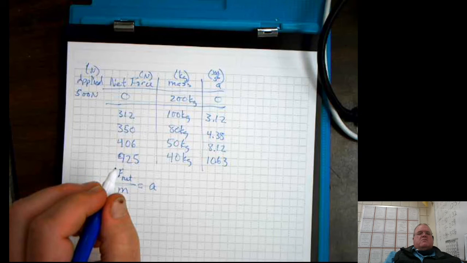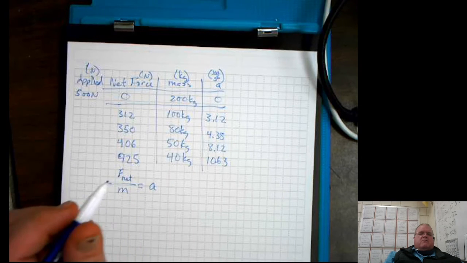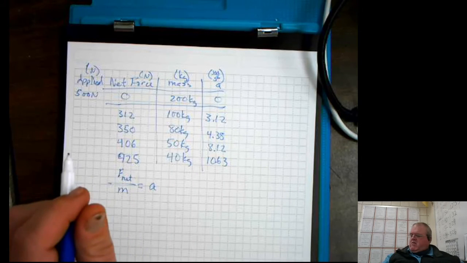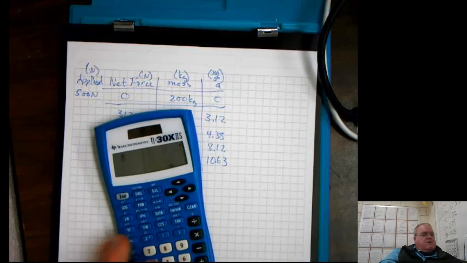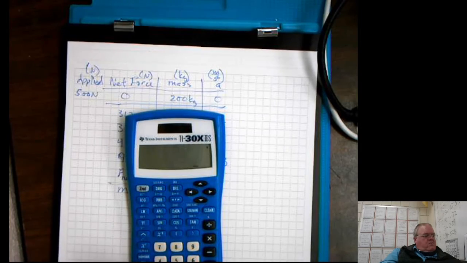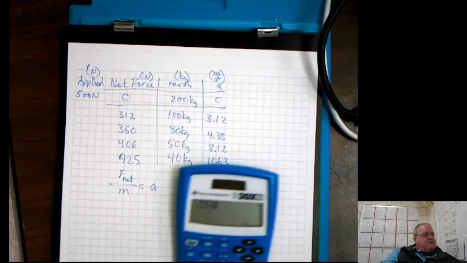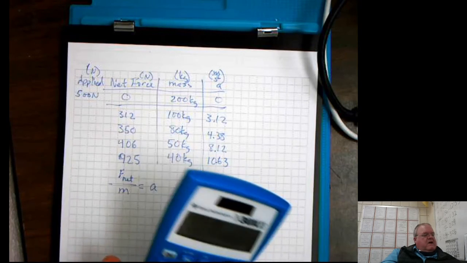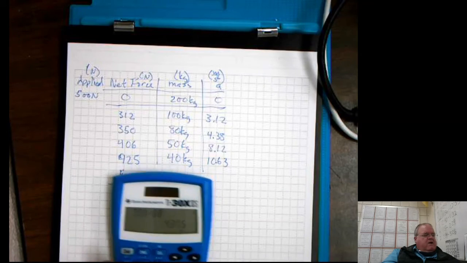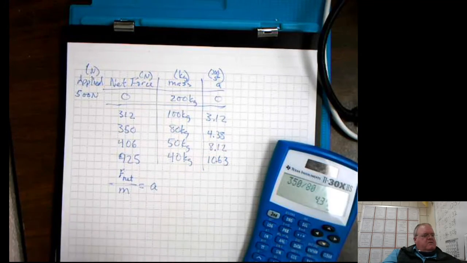And let's see if this works. 350 divided by 80 is going to be roughly 4.38. And if we get our handy dandy calculator here, and I go 350 divided by 80, I get 4.375, which is 4.38.